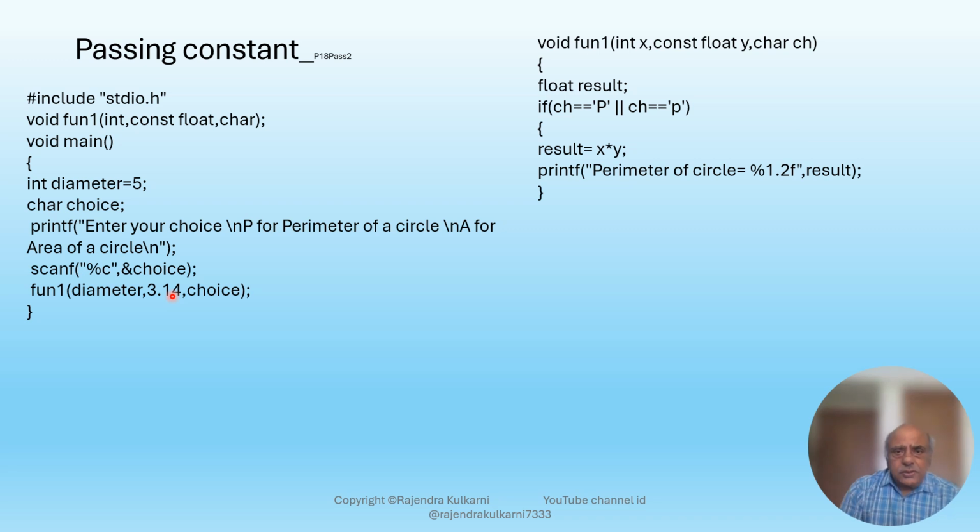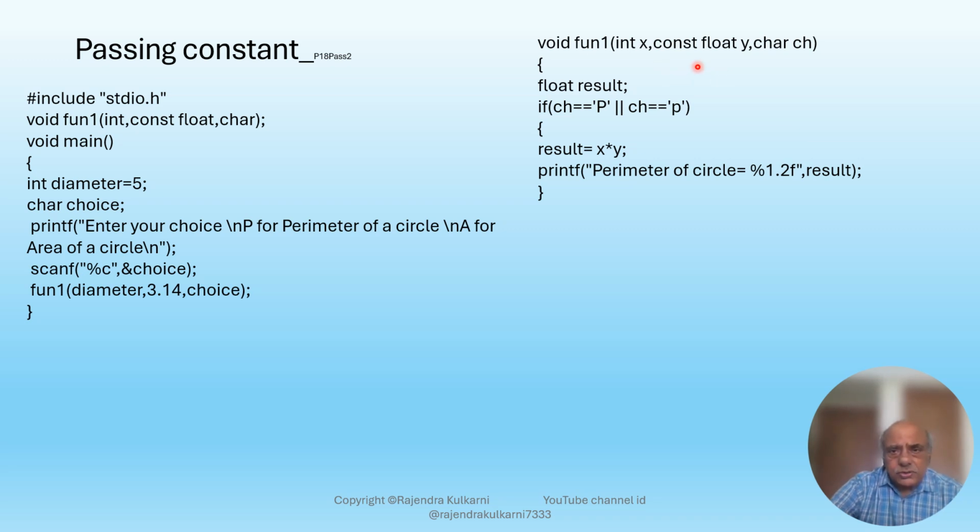So the function fun1 definition: the diameter is being assigned to a variable int x of the function fun1, which is the formal argument. Then there is a second variable const float y.